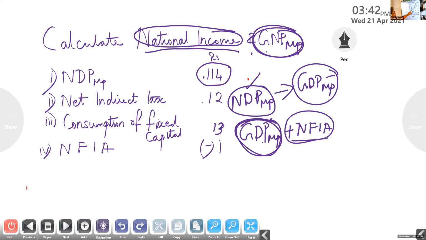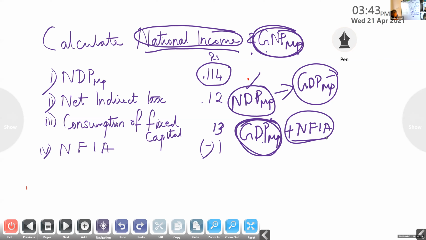Okay, what I told, NDP MP, to make it GDP MP, what should we do? What did I say? To make it GDP, we have to add the depreciation. So, Amal, add the depreciation or consumption of fixed capital.